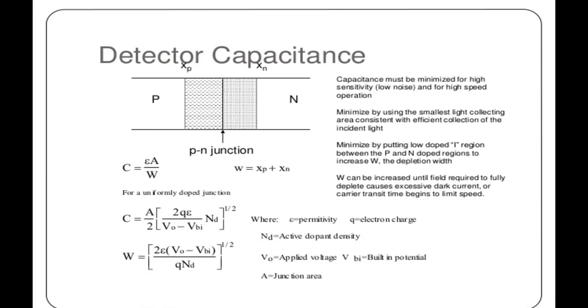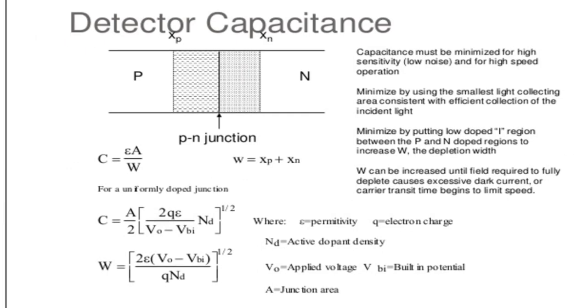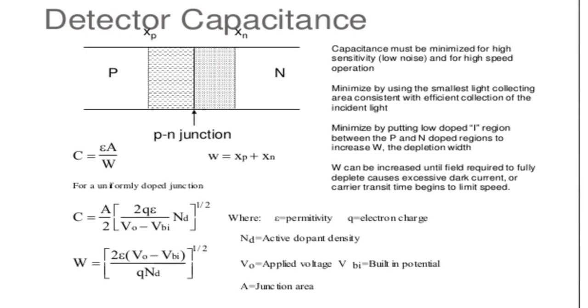Here the depletion capacitance of the PN junction, with P type and N type material, is shown. The capacitance must be minimized for high sensitivity, low noise, and high speed operation.